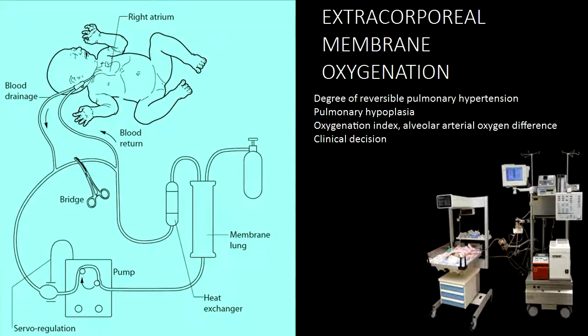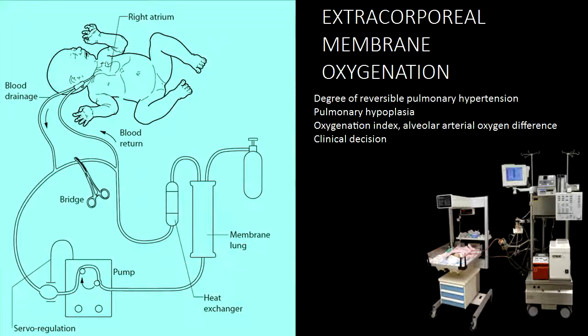Suppose the child is not improving by even just ventilation. That is, there is no adequate lung, or the lung for the time being is not adequately functioning, or there is some degree of pulmonary hypoplasia or some degree of increased pulmonary vascular resistance.